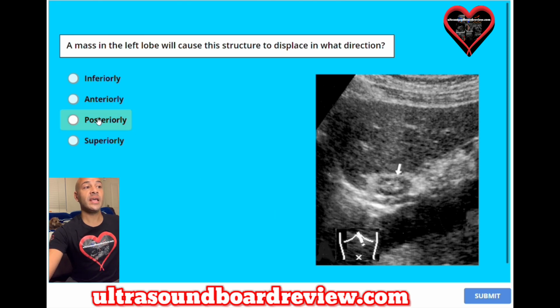The answer is C, posteriorly. A mass in the left lobe of the liver can cause the gastroesophageal junction to be displaced posteriorly.